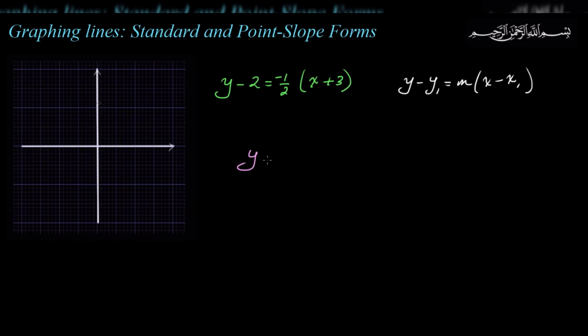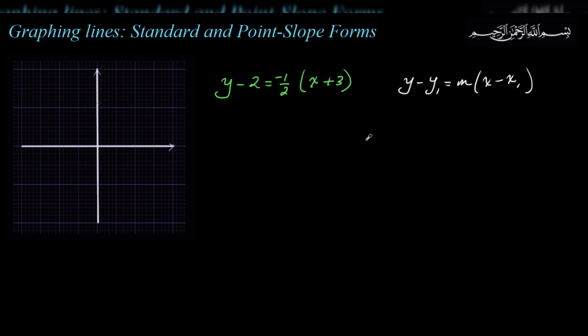For example, if somebody gave you y minus 2 is equal to x plus 3, that is still a point slope form, or you can add 2 to both sides, and then you have the slope-intercept form. But you can just recognize that, okay, the slope is 1. There are also trickier forms, but the idea is that you should recognize the form when you're given a line.